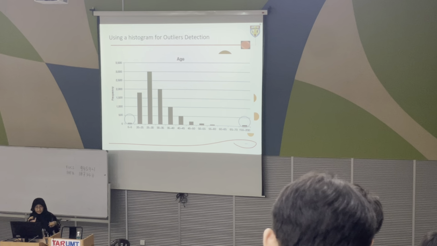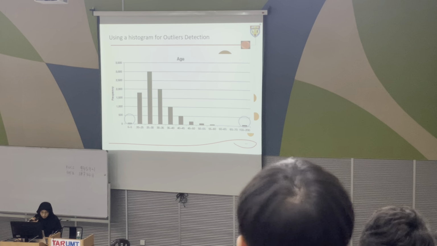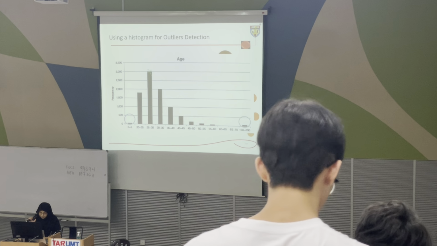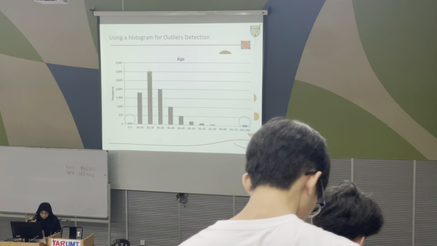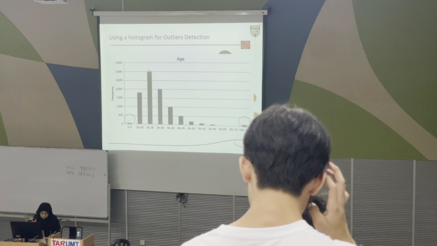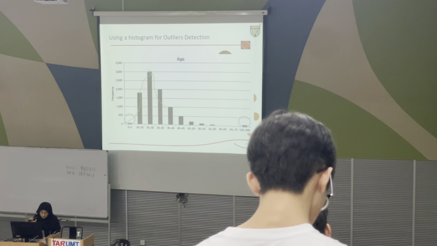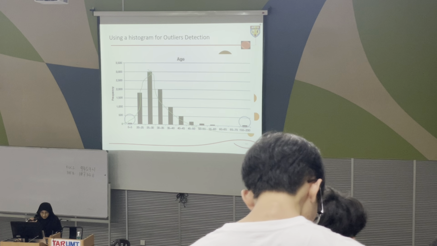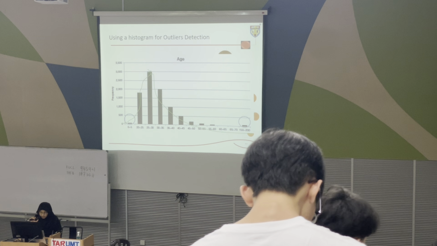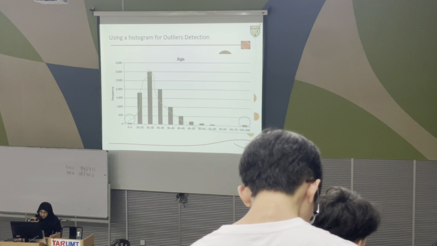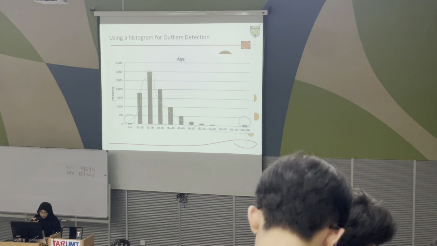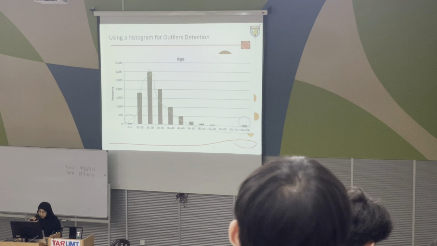So for example, this is the histogram. From this histogram, this is the peak. I draw one, not straight, just the bell curve. From this data set, we can identify the frequency of the age of Malaysian citizens, for example.